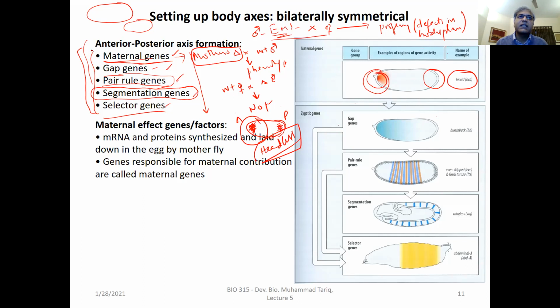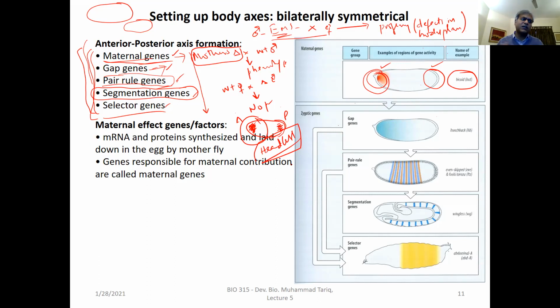Now, I said it's a cascade of gene expression. So when these messenger RNAs, the anterior and posterior maternal genes, get translated, they lead to activation of a class of genes which we know today as gap genes. And this is the first zygotic transcription.